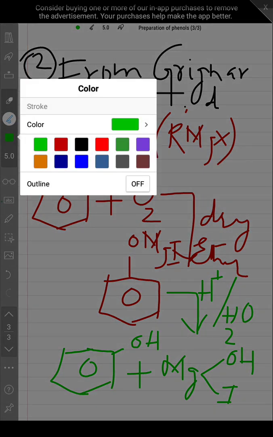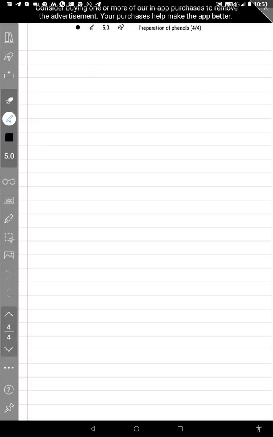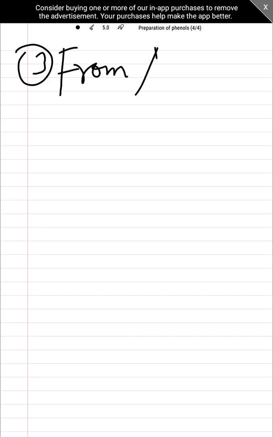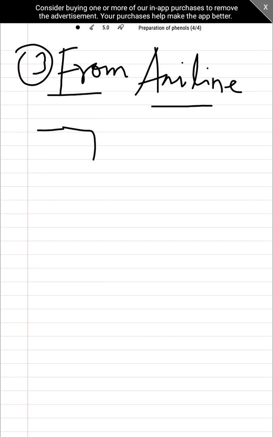Third method is from aniline. Children, have you remembered what aniline is? Aniline, aminobenzene, benzenamine is its IUPAC name. Aniline is an aromatic primary amine.